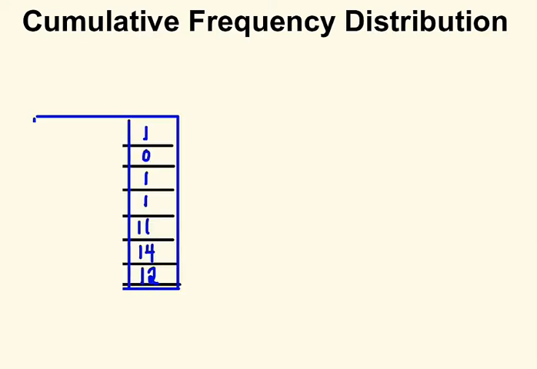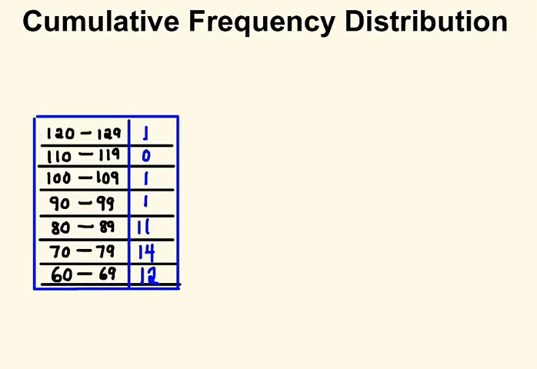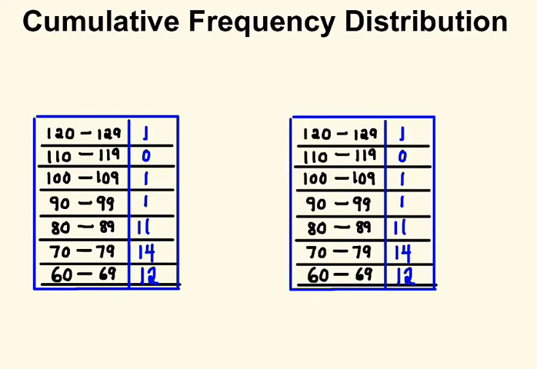Here I have on the left-hand side, for my guidance, my frequency distribution table, and I'm going to use it to create a cumulative frequency distribution table. And in a cumulative table, these values are different. We start from the first class, which is our class 1, which is at the bottom.